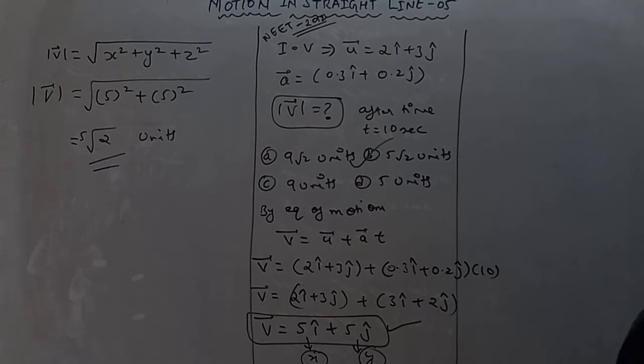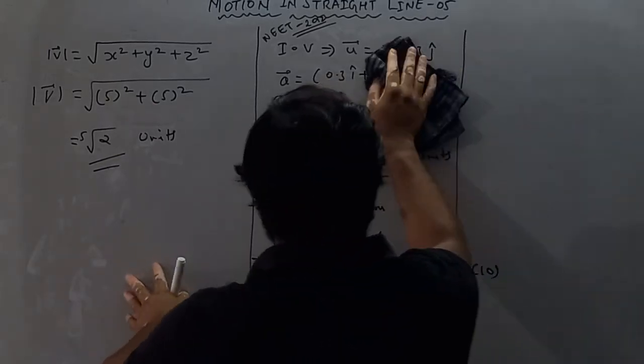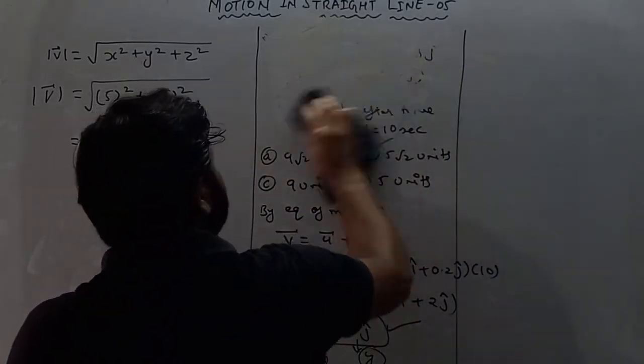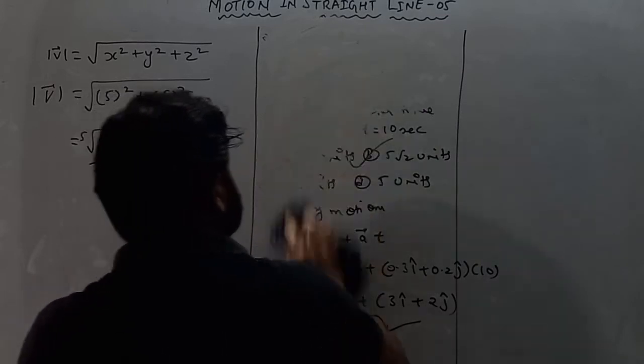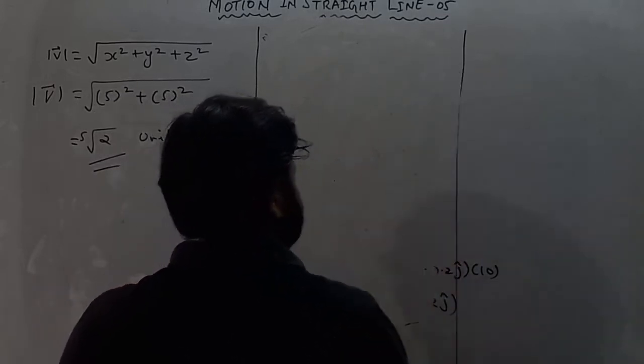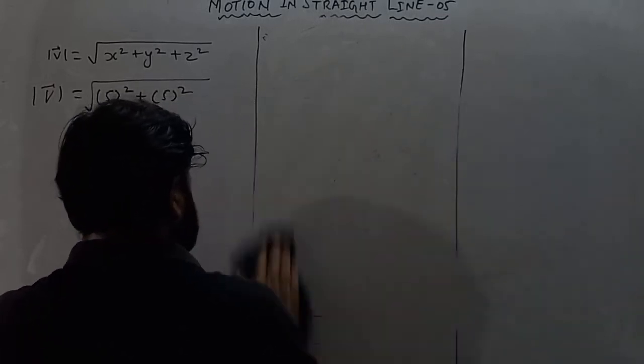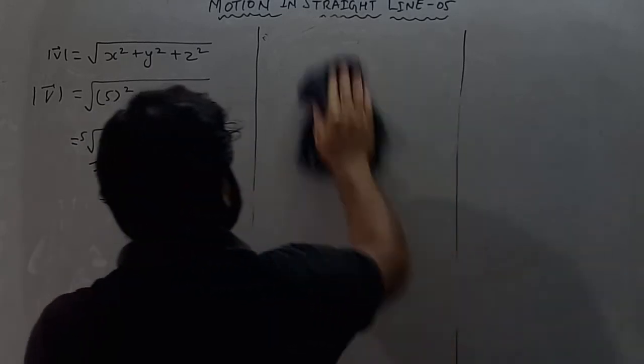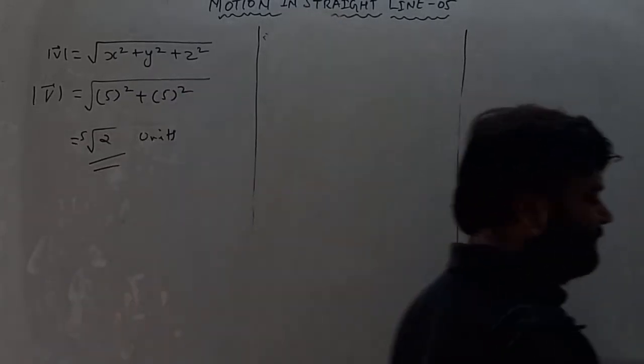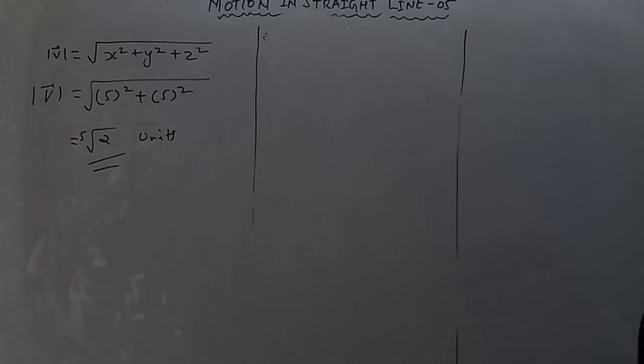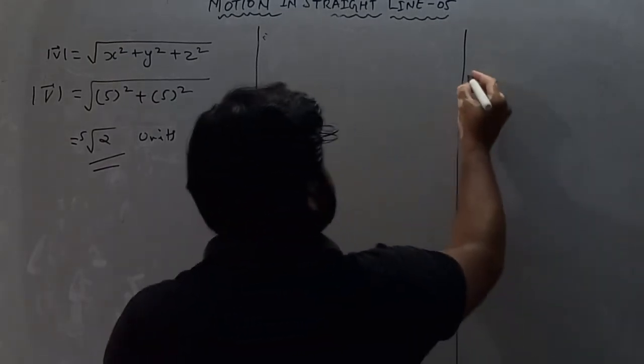Moving forward, write down the next question. This question was asked in NEET 2011. Write down the statement. A body is moving with velocity 30 meter per second towards east.